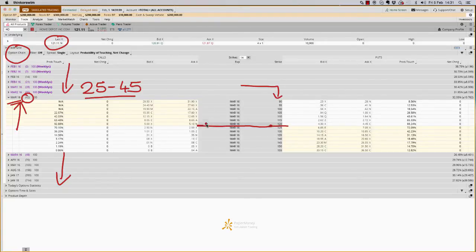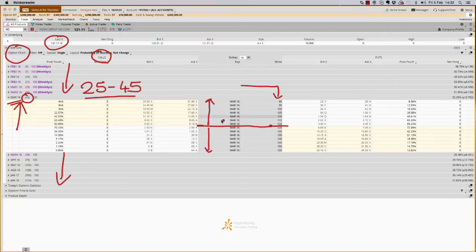So now we have two sides. If we focus our attention on the call side for the moment, the call, just to remind us, is if we want the right but not the obligation to buy shares at expiration, we would be thinking of a favorable movement in the stock price that would increase in value.